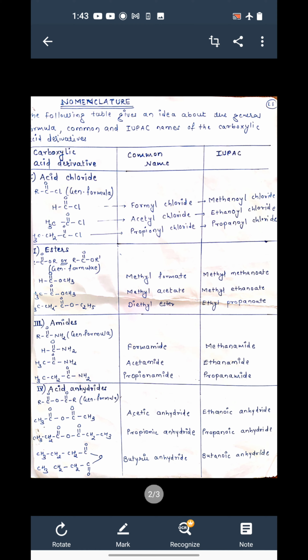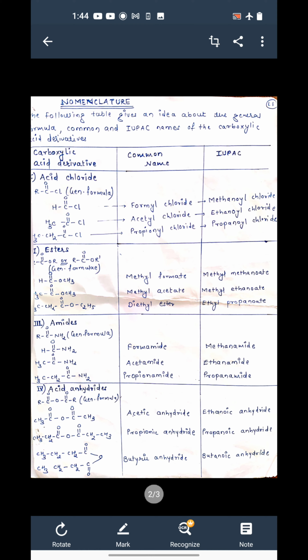Then the ester. The general formula for an ester is RCOOR. The first member we write here is HCOOCH3. Here you can see that CH3 is attached to the COO group, so we write methyl, and the remainder is formate because it is obtained from formic acid. So while writing the name, we first write the R group which is attached to oxygen.